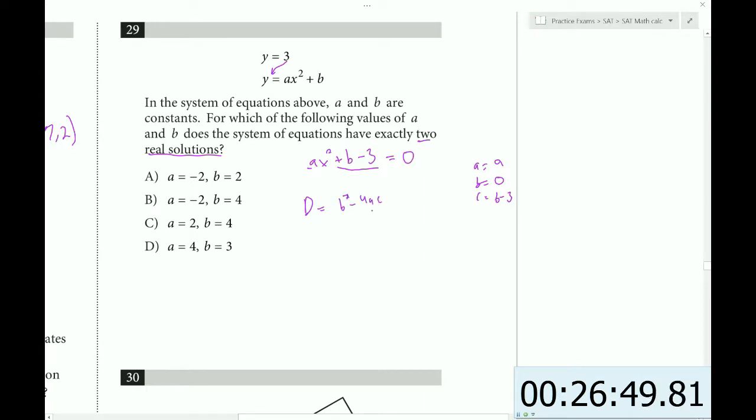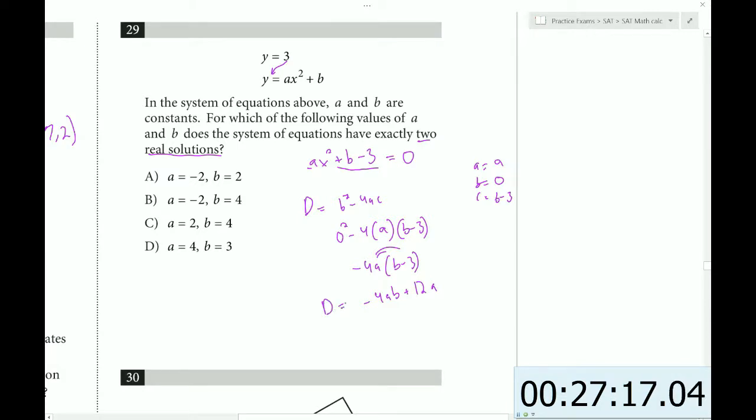So it would be 0 squared minus 4 times a times c, which is b minus 3. So we would get minus 4a times b minus 3. And then minus 4a times b is minus 4ab. And then the other distribution would be a positive 12a. All right, that's our discriminant.